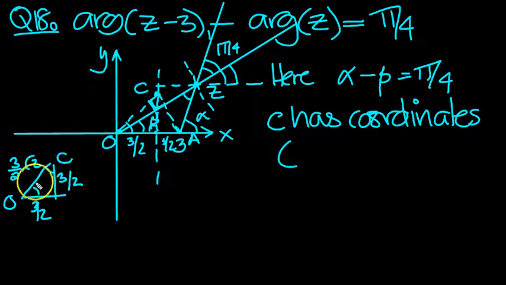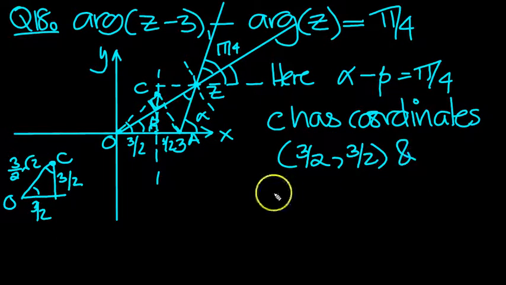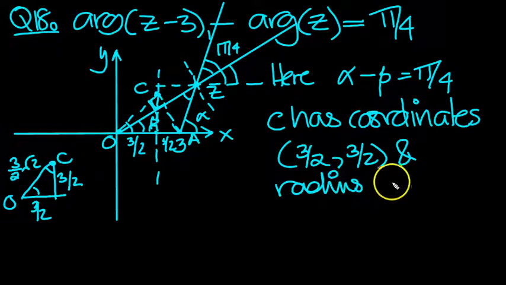So there's our radius then. The center is here, so the x distance from O is 3 over 2. The y distance from O is 3 over 2. And radius R here is 3 root 2 over 2.